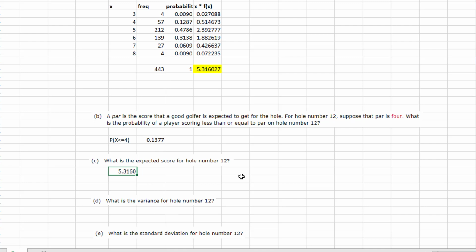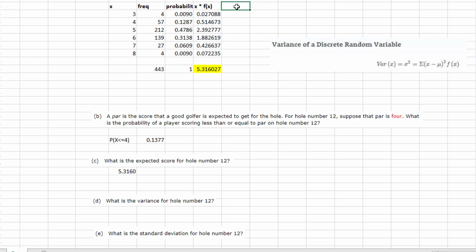All right. What is the variance? Now this one takes a little bit more that you have to do. So basically what I'm going to do is take each X value and subtract it from the expected value that I just got and square it times its probability. So that's a lot, right? I'm going to take each X value minus the expected value. This is what I would expect somebody to score on this hole. And I'm going to square that and multiply it by the probability.